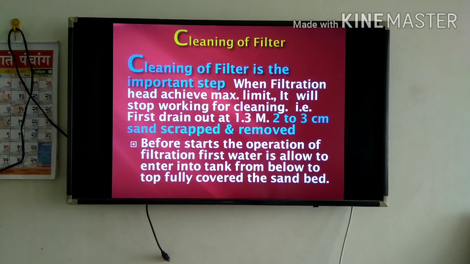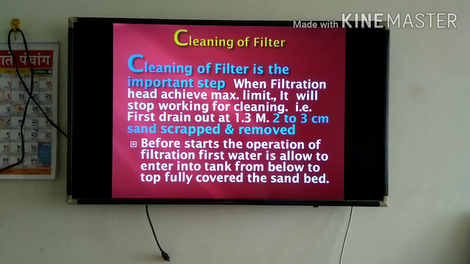Cleaning of filter. Cleaning of the filter is an important step. When the filtration head reaches the maximum limit, it will stop working for cleaning. That is, the first drain out is taken when the filtration head is at 1.3 meter. 2 to 3 centimeter of sand is scraped and removed at the time of cleaning of the filter.